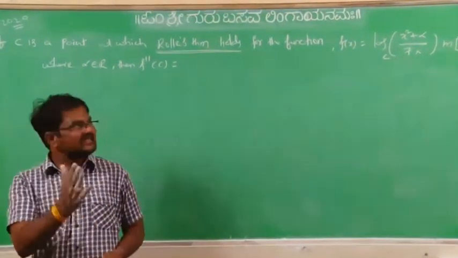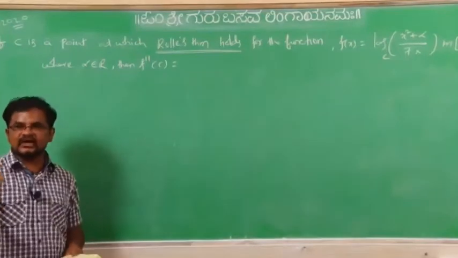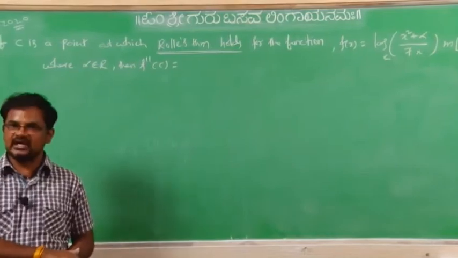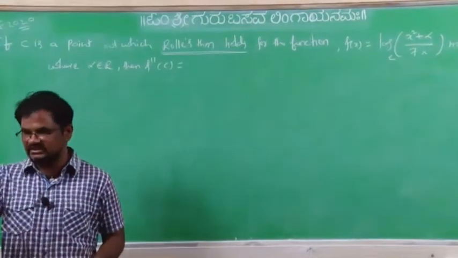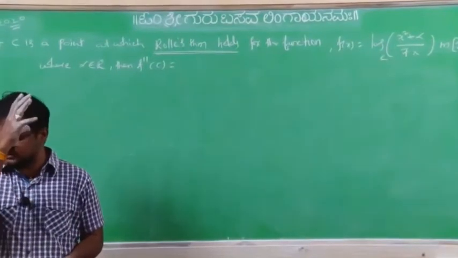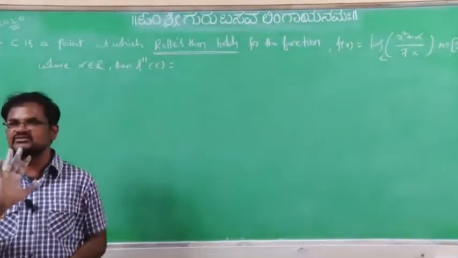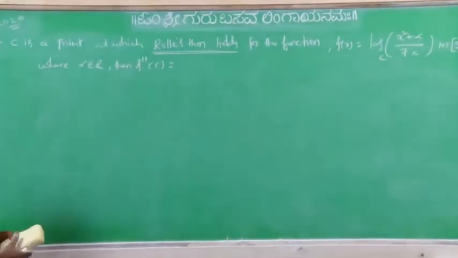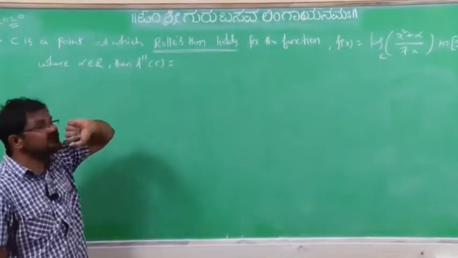Then there exists at least one point in the open interval 3 comma 4 such that the first derivative of the function at that point is 0. By that we first have to find the C value, because f double dash of C is asked.